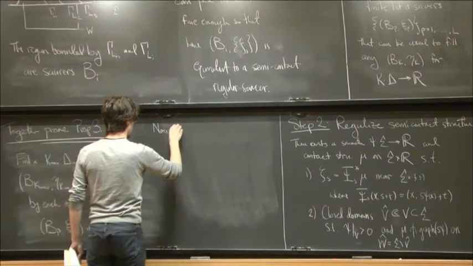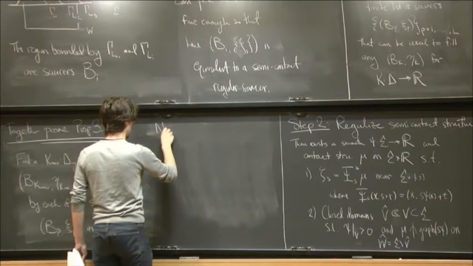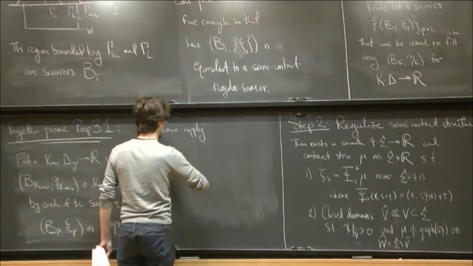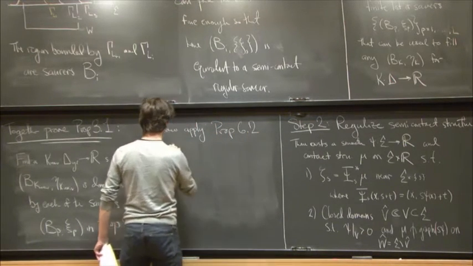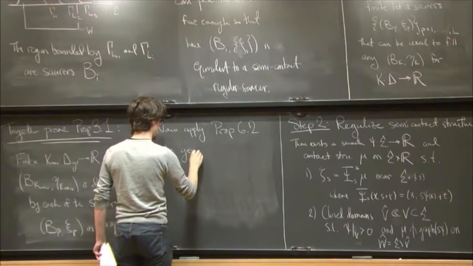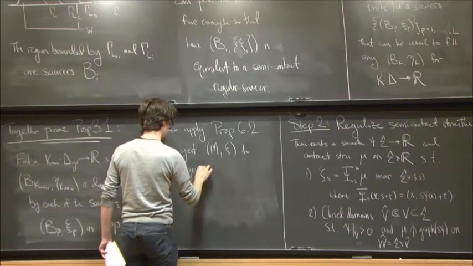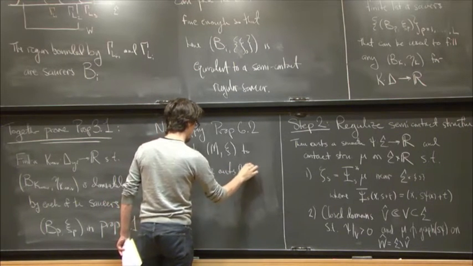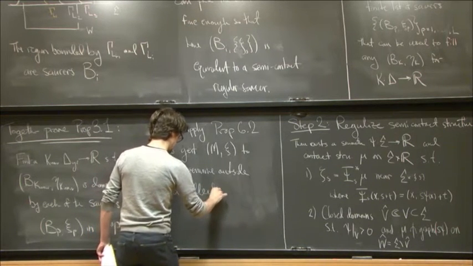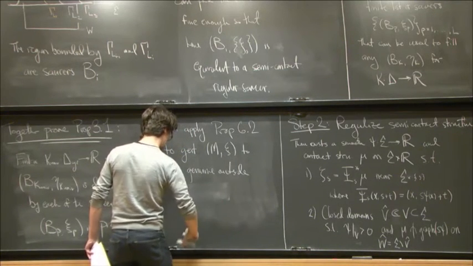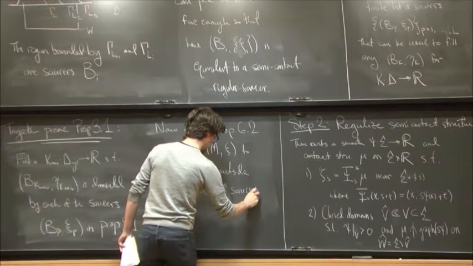Now apply the previous proposition, prop 6.2, to get MC to be genuine outside a finite collection of saucers, a finite number of saucers.